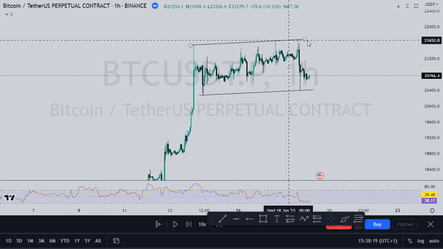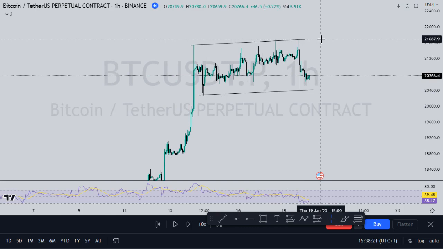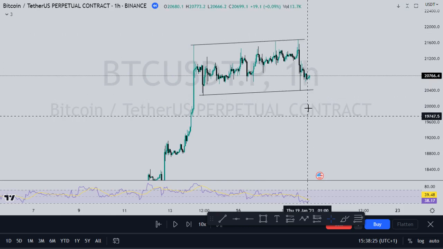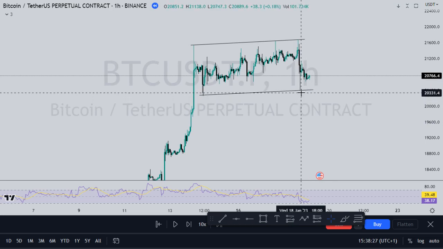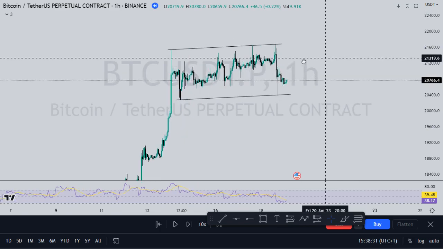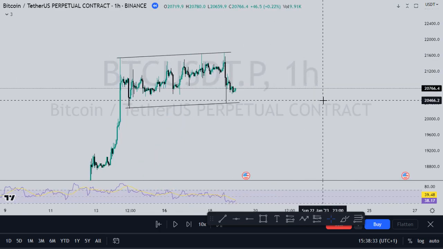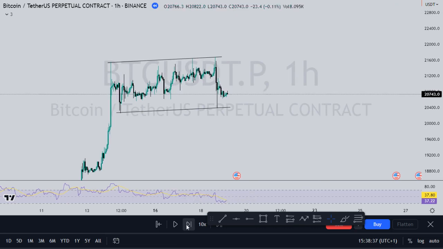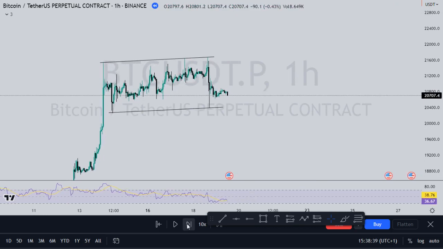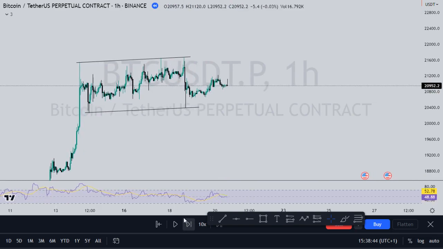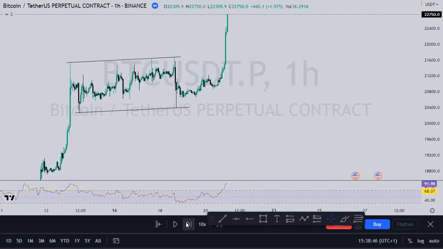All we have to do is wait for price to either break out from the upward side this way or break down this way before we can enter a position at either this swing low or this swing high. Remember that the swing lows and the swing highs are the support and resistance levels. So if we take this trade, considering this channel, let's see where price broke out.